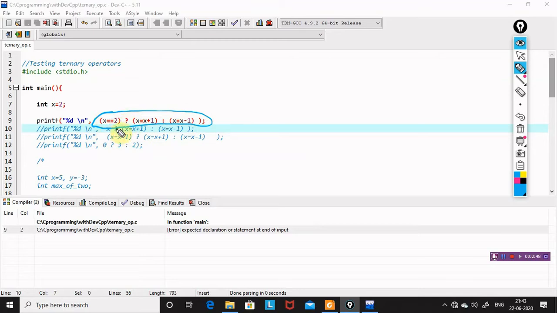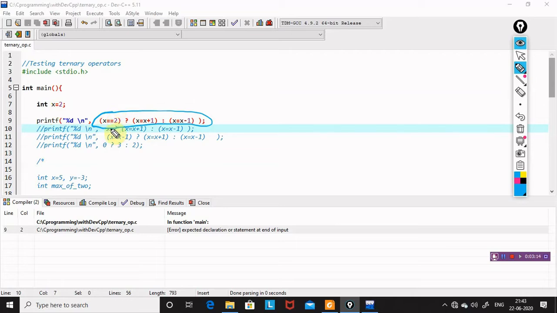So this is the first condition or the first expression, which is a condition expression related to testing of a condition. So this is testing whether the variable x, an integer variable which has been initialized with the value 2, is in fact equal to 2.